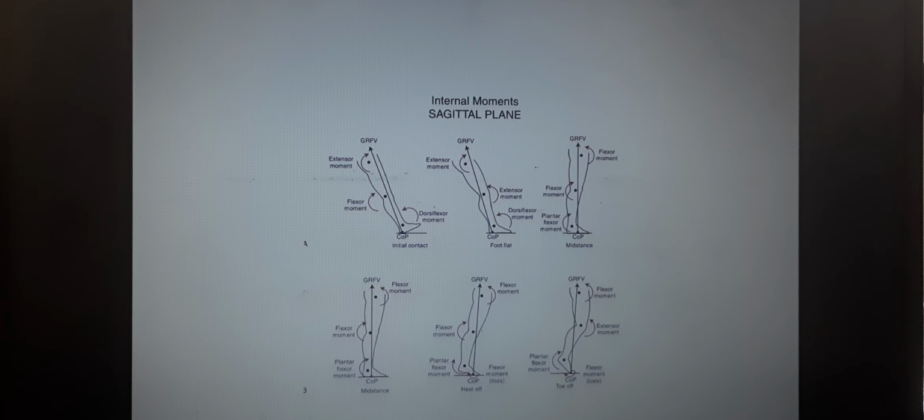This is the sagittal plane of internal movements of the lower limb during the gait cycle. According to Winter, a supportive movement is seen during the gait cycle, opposing the external supporting movement.